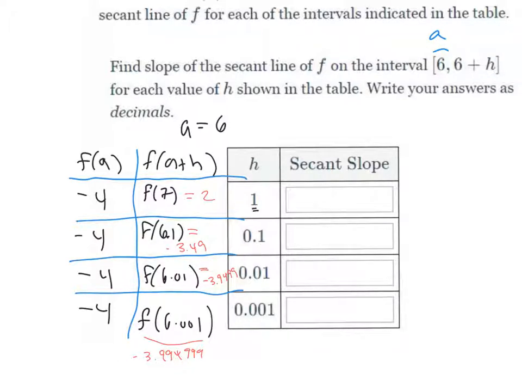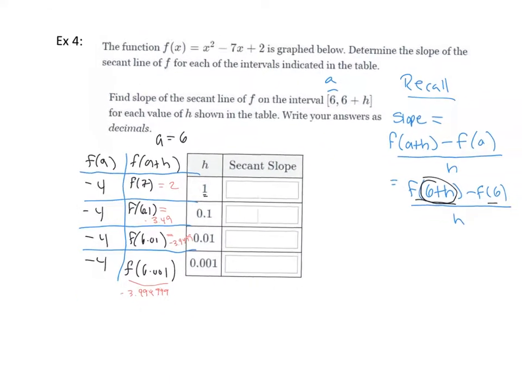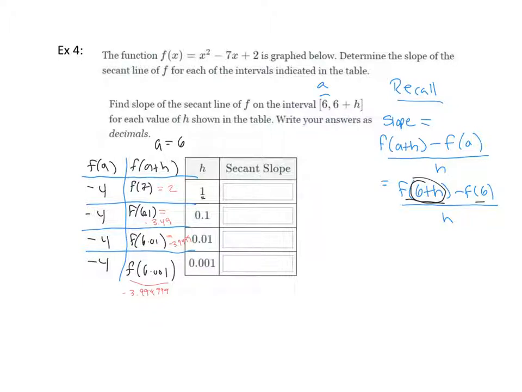So okay, now what? Let's just do what the problem says, which is, if you look over here on the right, it's asking us to find a few average rates of change, or a few slopes of secant lines.